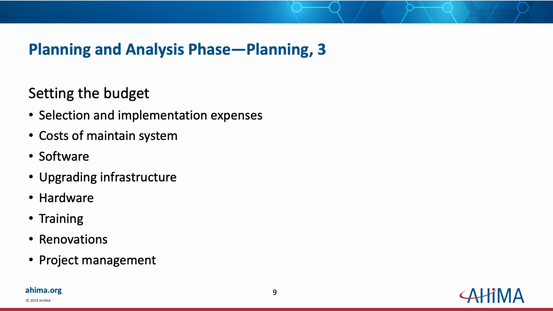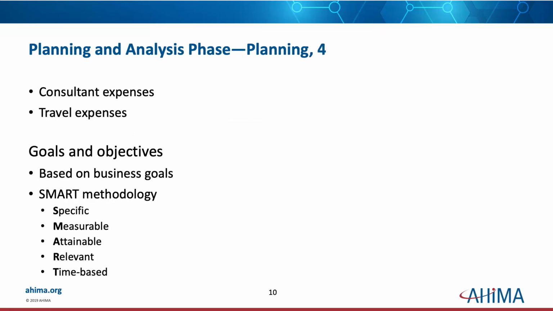So you have to be really careful that when you set the budget, you understand that yes, that's the budget, and you definitely want to hang in there and meet that budget. But the project may have to change if something significantly changes with the budget, whether you go over, under, or you have a COVID situation.